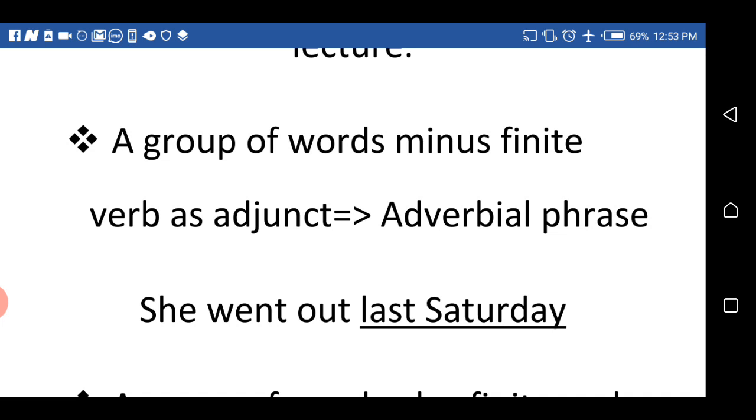The grammatical name of the underlined expression is adverbial phrase. Then the grammatical function of last Saturday in this sentence is adjunct.